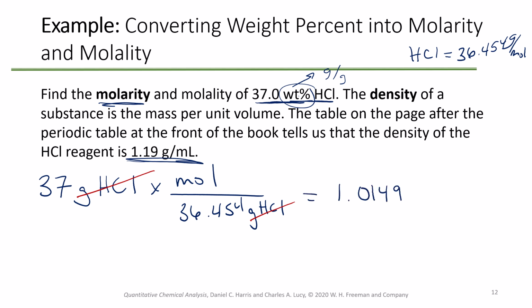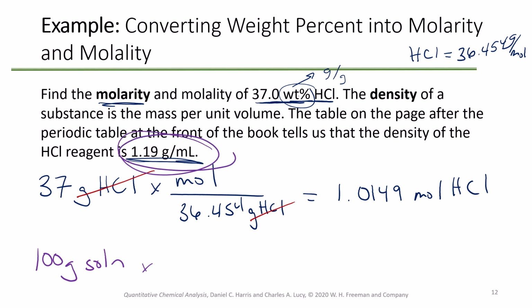And you don't have to round too soon. You want to wait till the very end to round. So I tend to use extra decimal places to make sure I'm very exact. Okay. Next, if I have 100 grams of solution, I would need to use my density to go from grams to milliliters. That's what this number is going to give me. I want to use dimensional analysis, so I'll have milliliters on top and grams on the bottom.